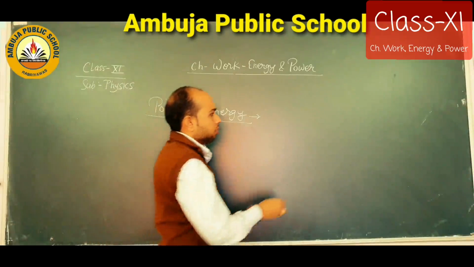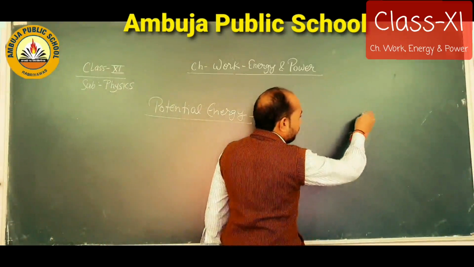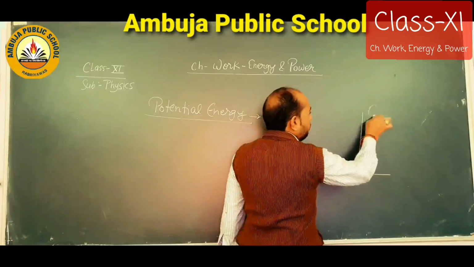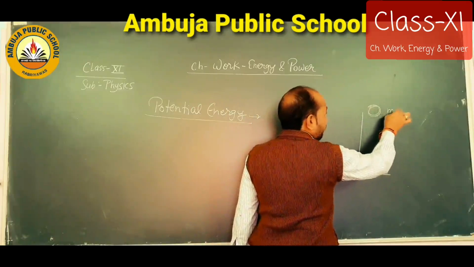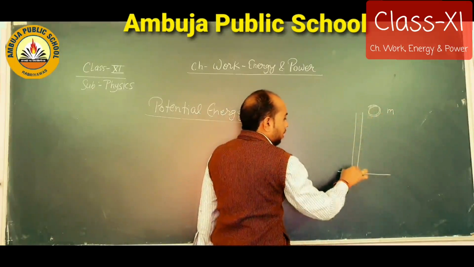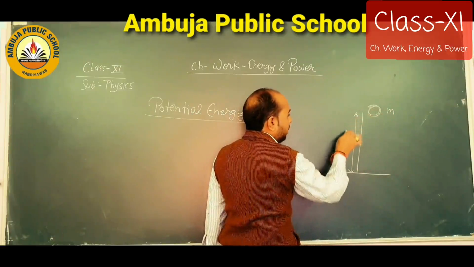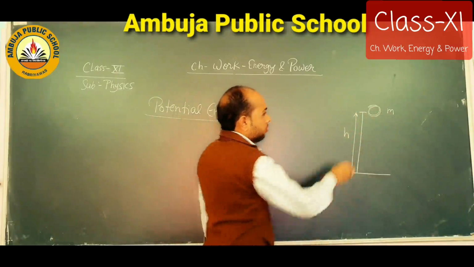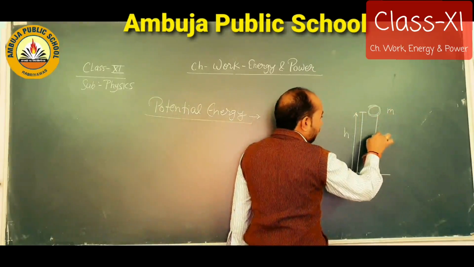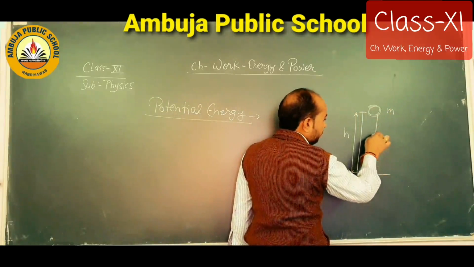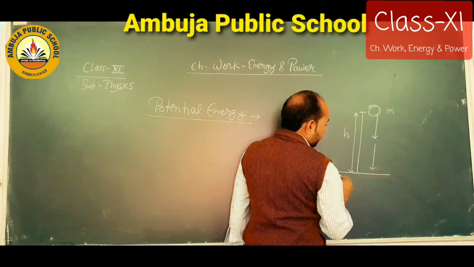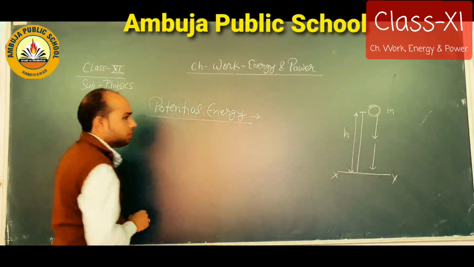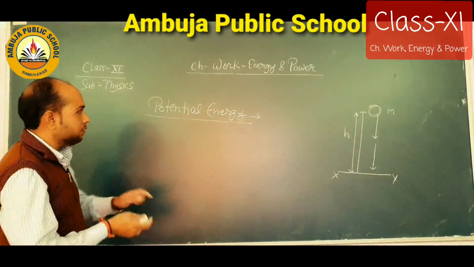Now we look at one example where position is to be changed. Suppose an object of mass m is placed at height h above the building, and this object falls downward on surface XY.